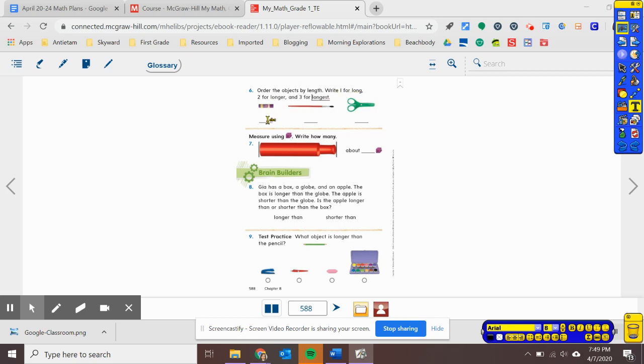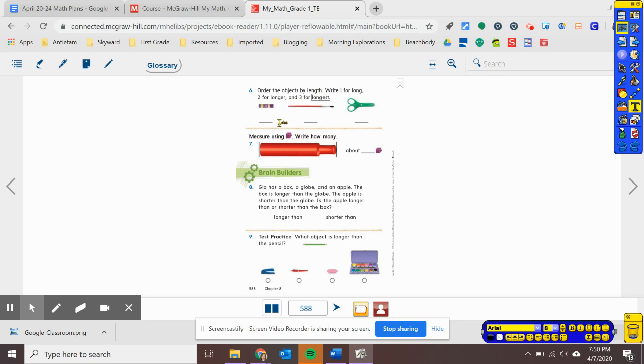So which one is shortest? Look, which object do you think? Put a 1 for the shortest. Then look and see which one would come next. Which one is next in line? In between short and long. And finally, your number 3 should be which one is longest.